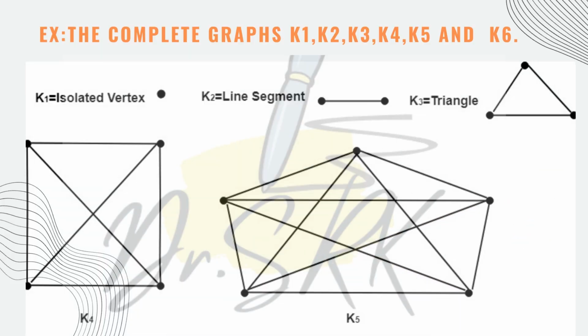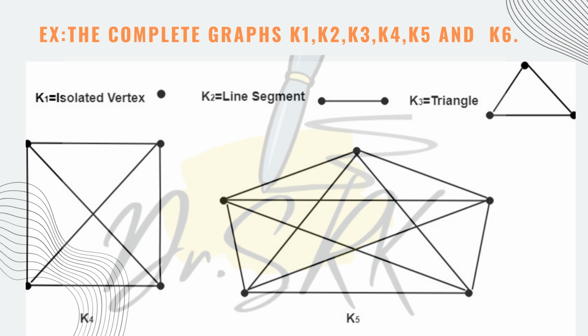Look at the examples for that complete graph. Here the examples for K1, K2, K3, K4, K5. K1 means complete graph with vertex 1, means only isolated vertex. K2 means the complete graph with vertices 2.